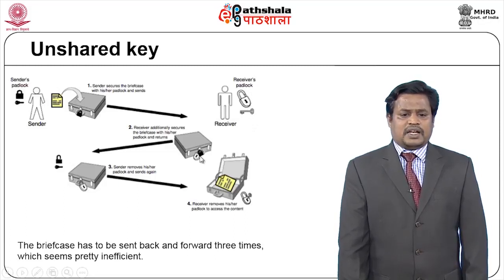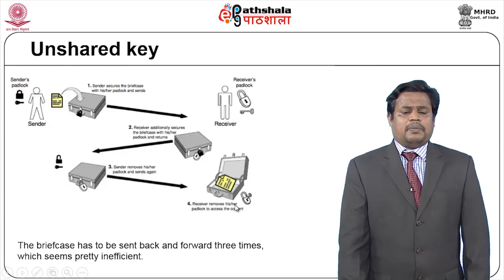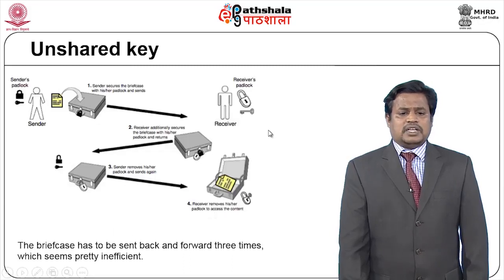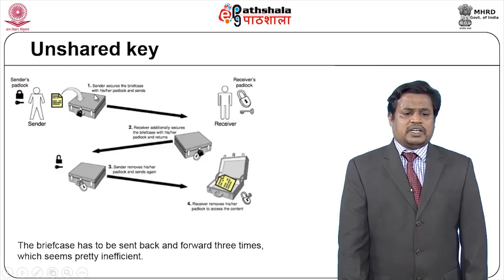So there will be two locks, and I need both the sender's key and the receiver's key to open it. This is very difficult in a practical scenario, as the sender uses one padlock, sends it to the receiver, the receiver uses another padlock, and then I need both keys.